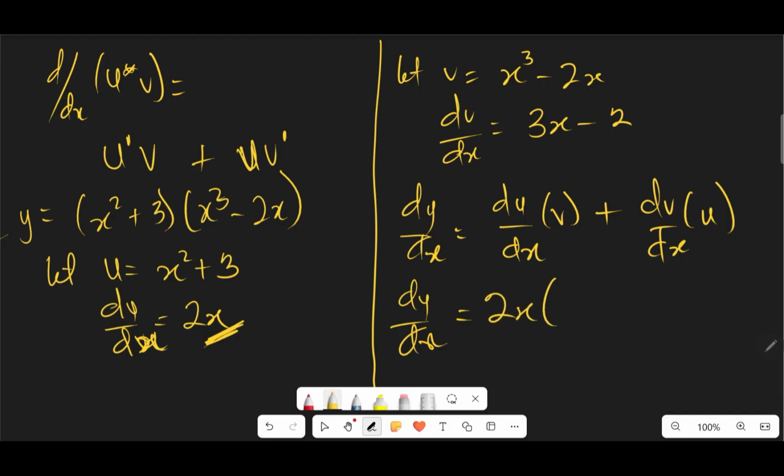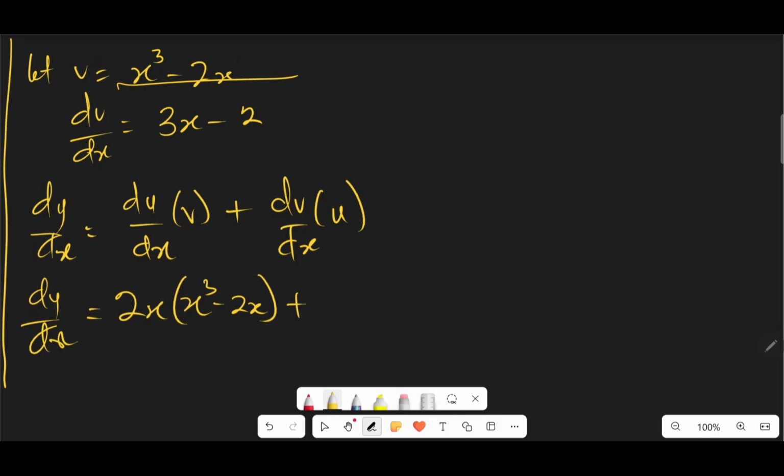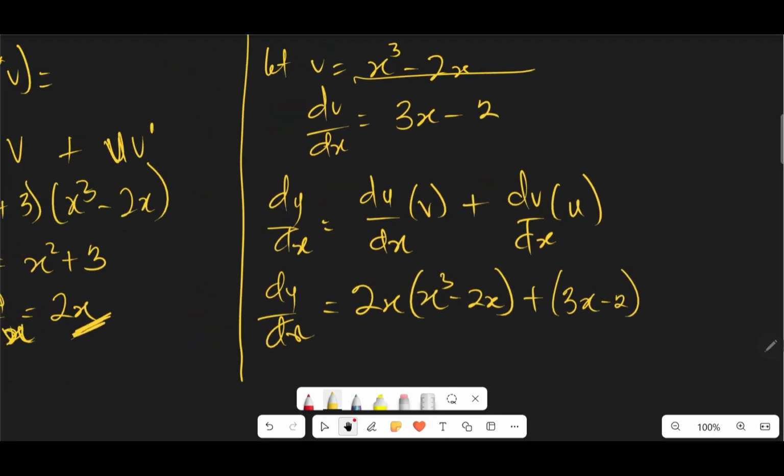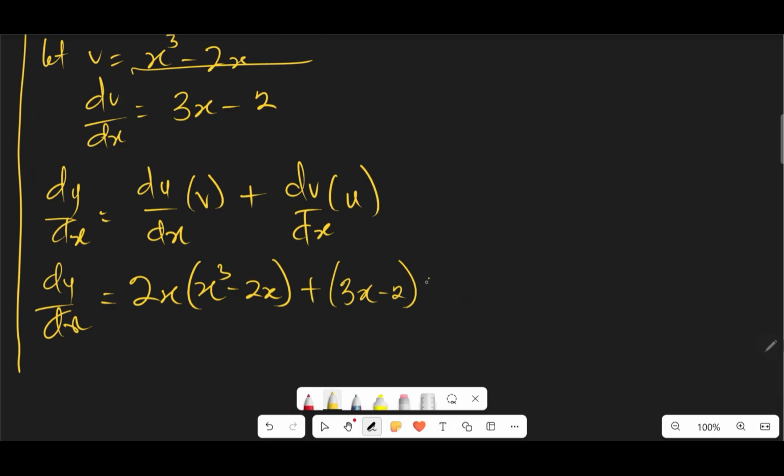And what is my v? My v was x cubed minus 2x. Is that okay? Then we continue. Plus dv/dx, which is 3x squared minus 2. Then u is x squared plus 3.